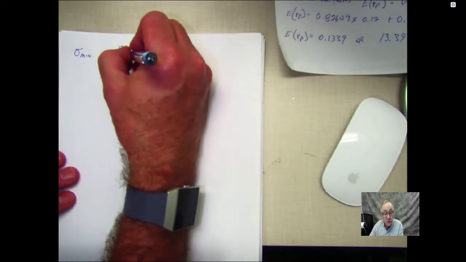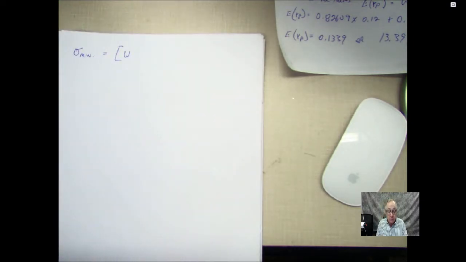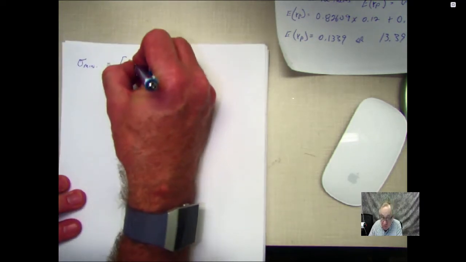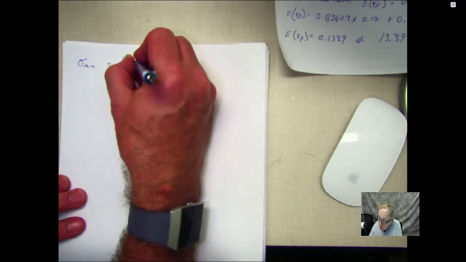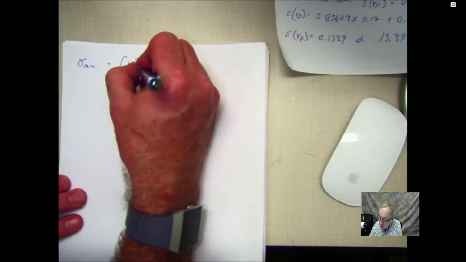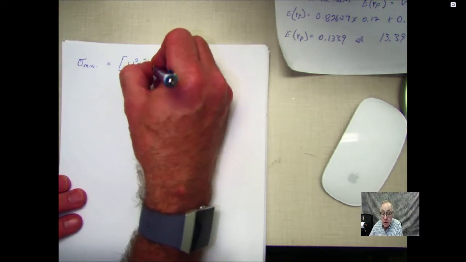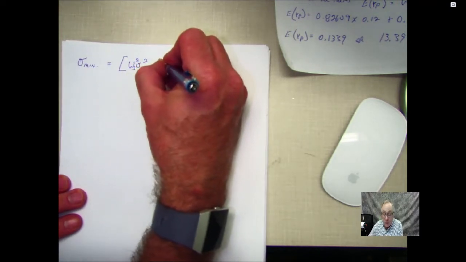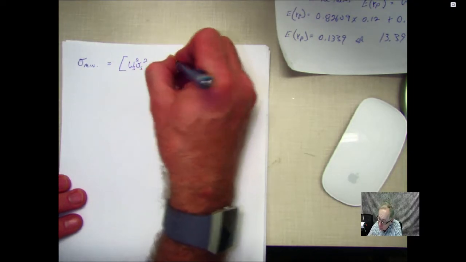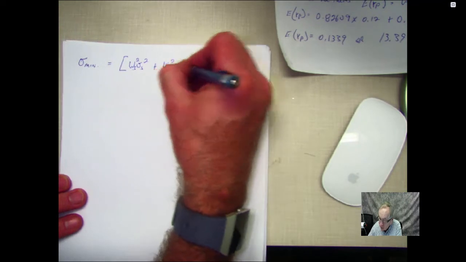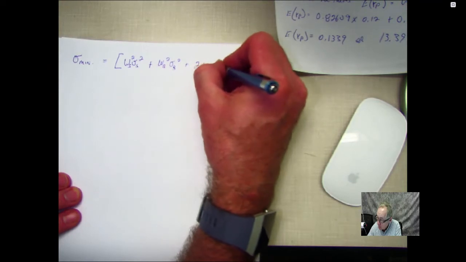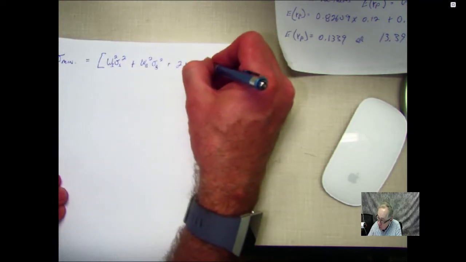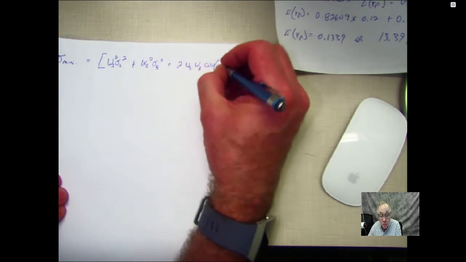The weight times the variance on 1, so that's the weight of stocks squared times the variance on stocks, which is the standard deviation squared, plus weight on bonds squared times standard deviation on bonds squared, plus 2 times the weight of stocks times the weight of bonds times covariance of stocks with bonds.